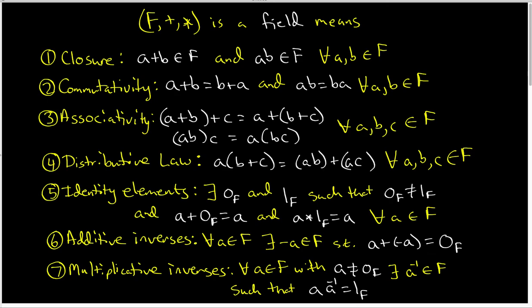Now, it's important to understand that both the rational numbers under addition and multiplication and the real numbers under addition and multiplication satisfy all of these axioms, so both of these are fields. And that means this is not where the difference between the real numbers and the rational numbers lies. So fields basically mean we have all of the normal properties of arithmetic.